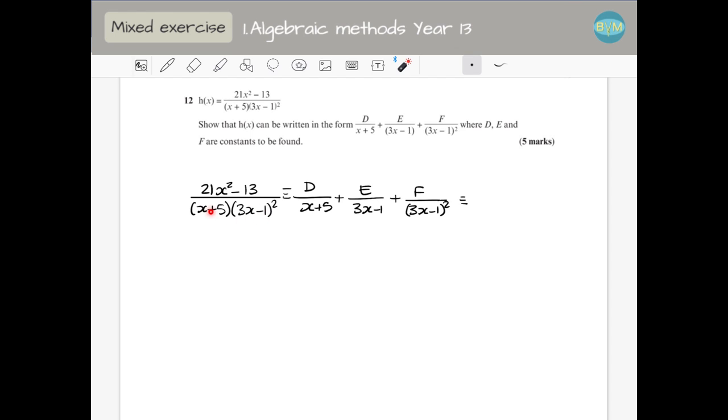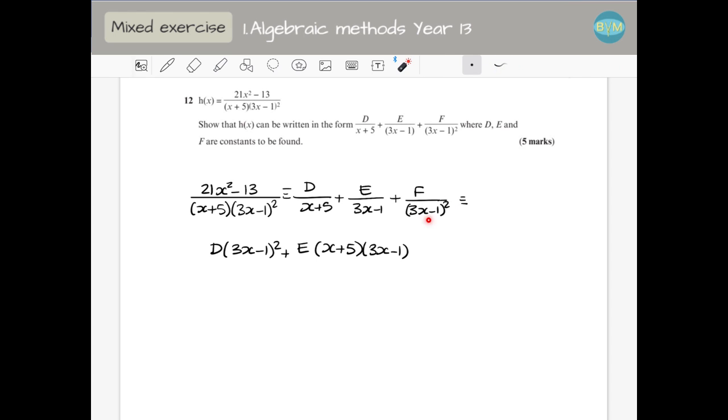When we divide this common denominator by x plus 5, I still get this one, and that's what multiplies d. So this is going to be d multiplying 3x minus 1 squared, plus, when we divide this one by 3x minus 1, I have x plus 5 and still 3x minus 1, and that multiplies e. So x plus 5 and 3x minus 1.